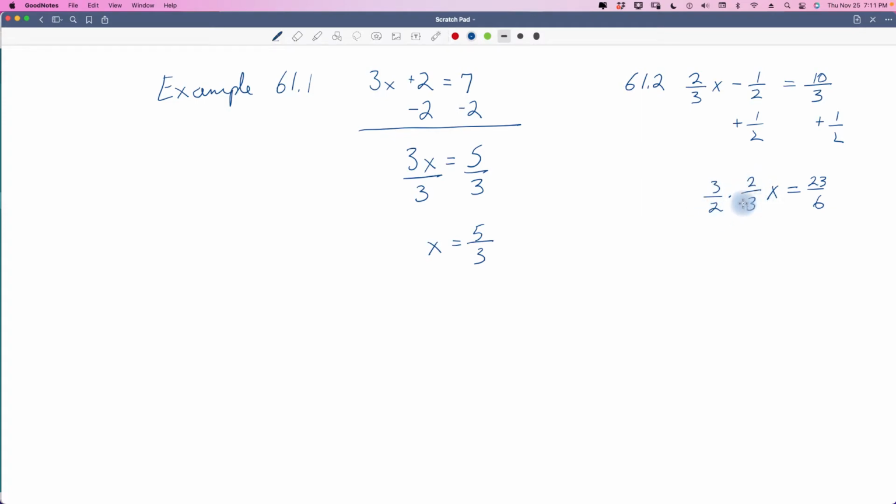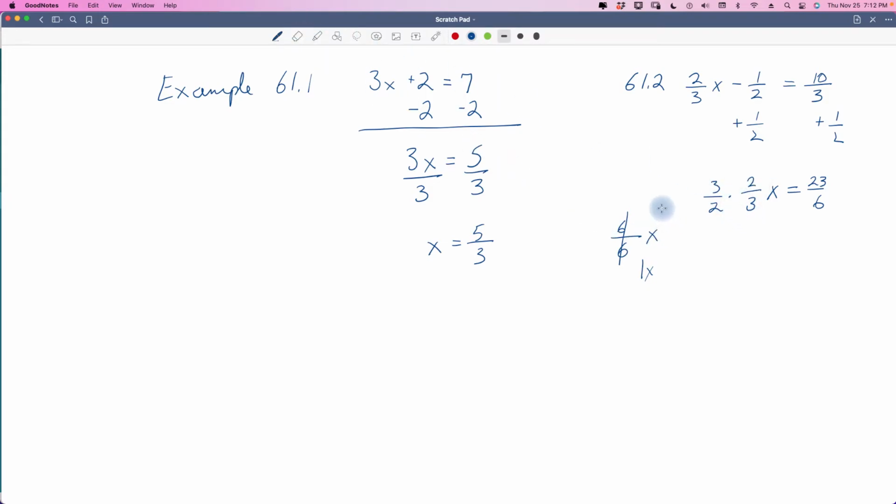What happens is this becomes 3 times 2 becomes 6. 2 times 3 becomes 6. 6 over 6 times x. This reduces to 1x, right? And we know when we have x by itself, there's always that invisible 1. So that is why we use the reciprocal to multiply against, so that this will go away and reduce to 1.